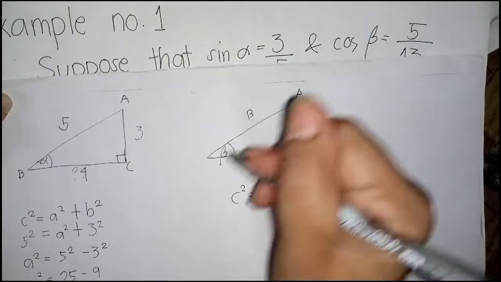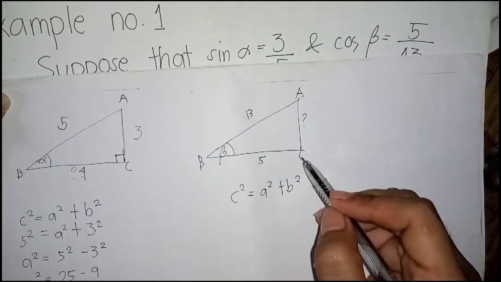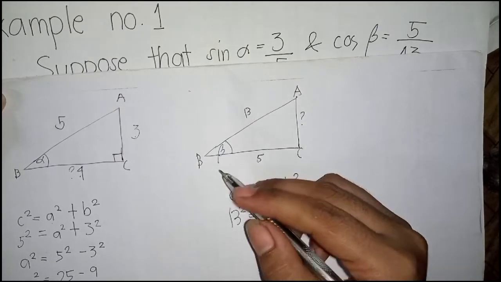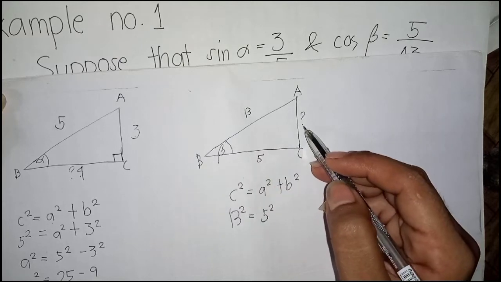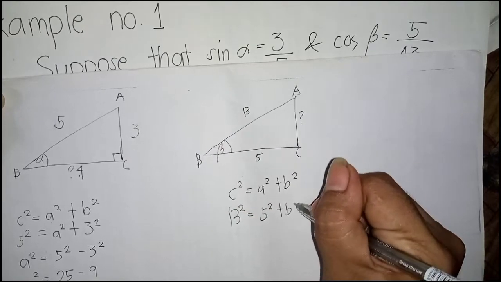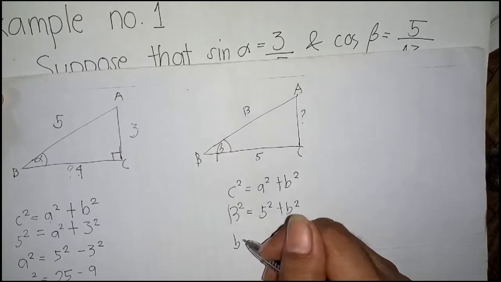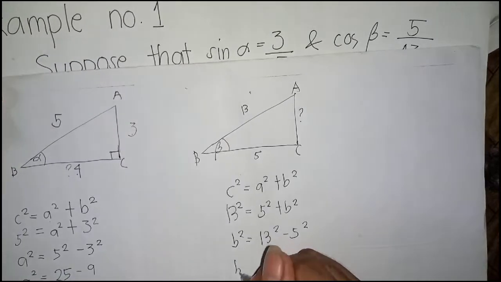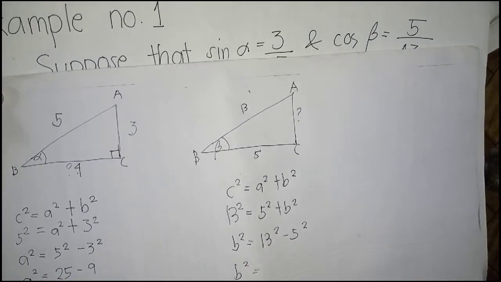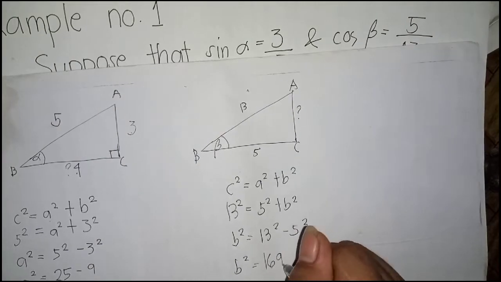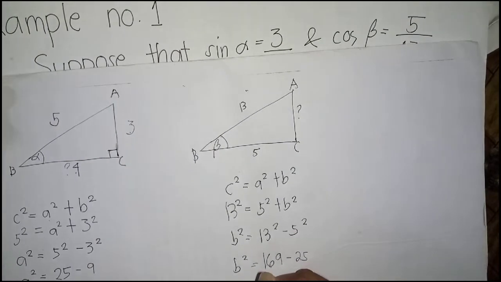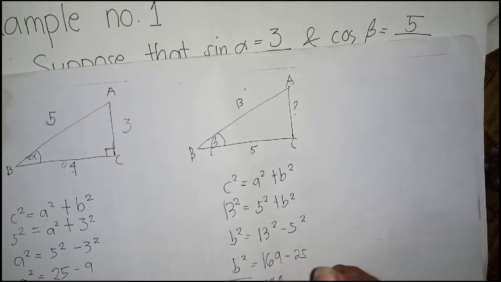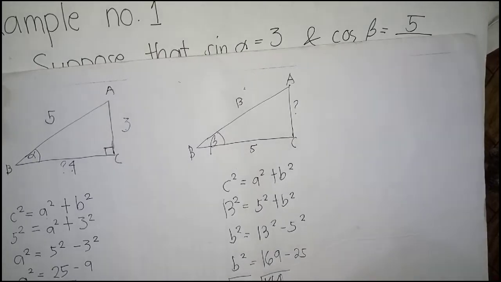So our c squared is 13 squared is equal to our a squared, which is 5 squared, plus b squared. Side b was missing. So by using additive inverse, we get 13 squared minus 5 squared. So our b squared is equal to 169 minus 25, which is 144. So, let's take the square root of both sides. So, our b is equal to 12.